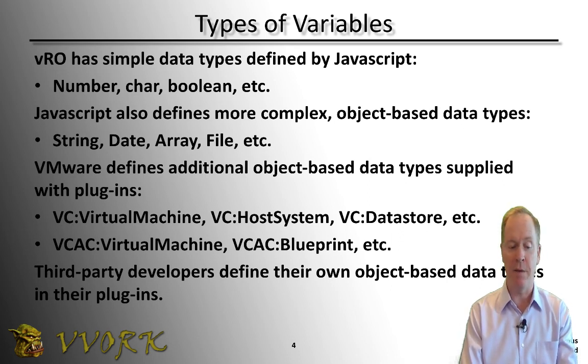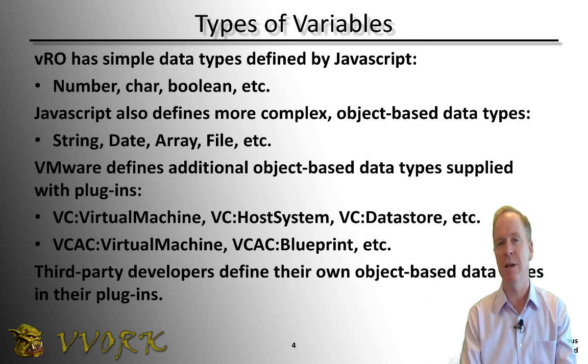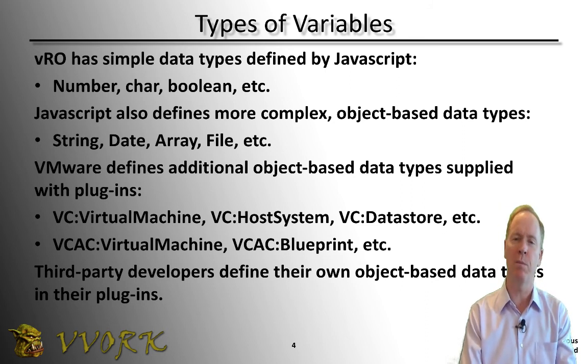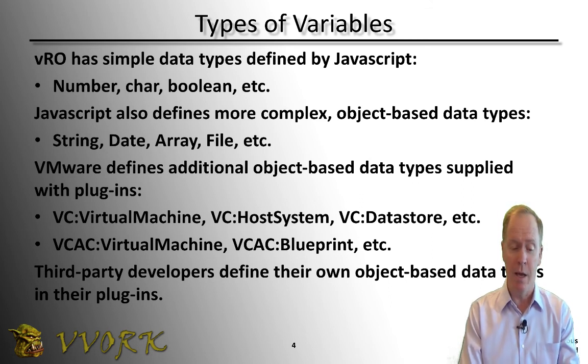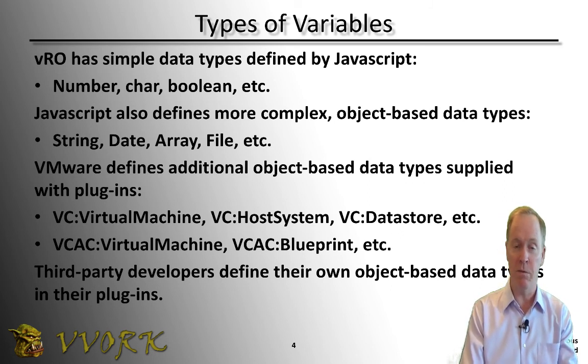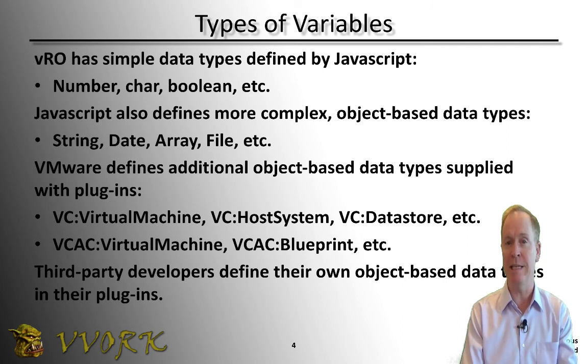The next example I have here on the screen, VCAC, that's short for vCloud Automation Center. That's the old name for a product that's now known as vRealize Automation. So it just happens to be the old name being used for the prefix still. And in the world of vRealize Automation, there is something known as a virtual machine. And VRA, vRealize Automation, needs to have its own definition of what a virtual machine is.